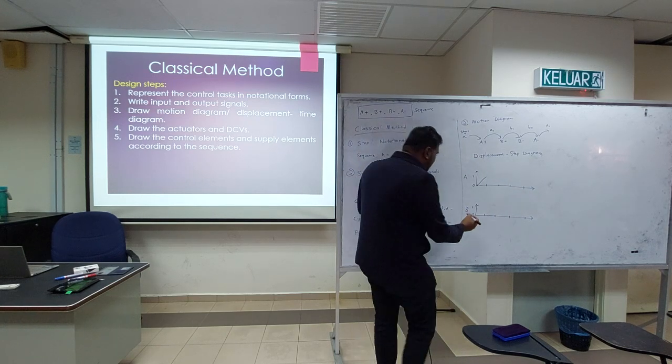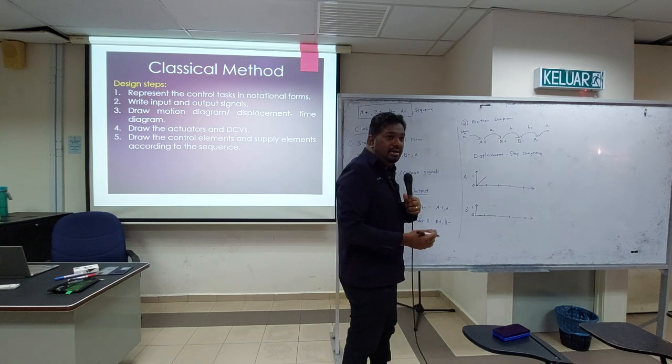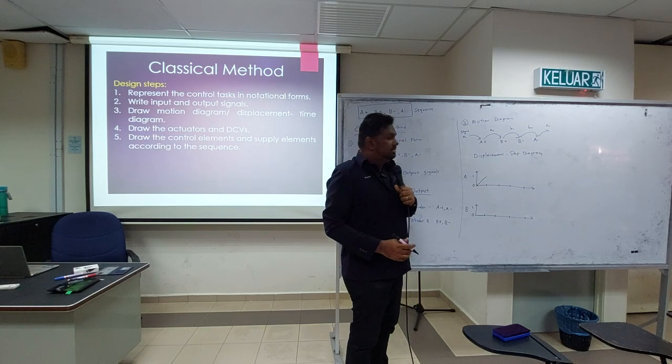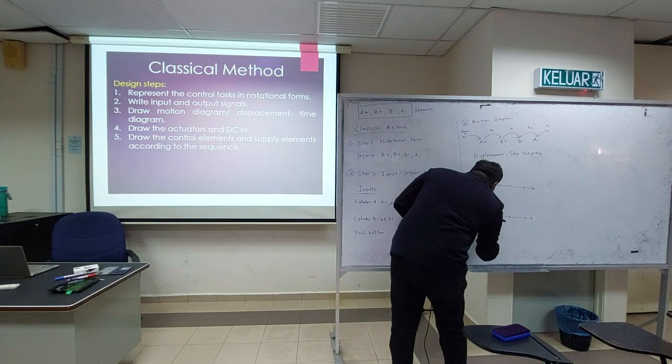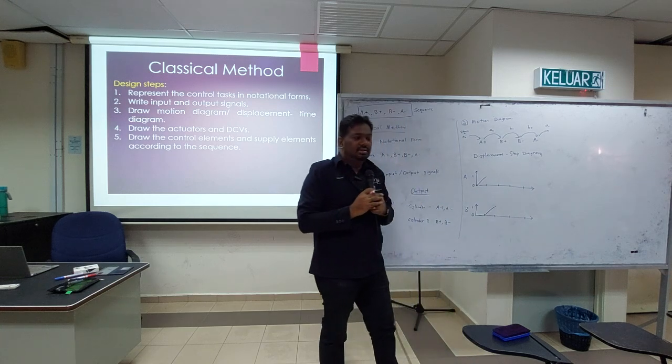Okay, so cylinder B maintains. So in step 1, cylinder B is not extending. Then what will happen? In the second step, B will start, so from here B will extend. What will happen to A?